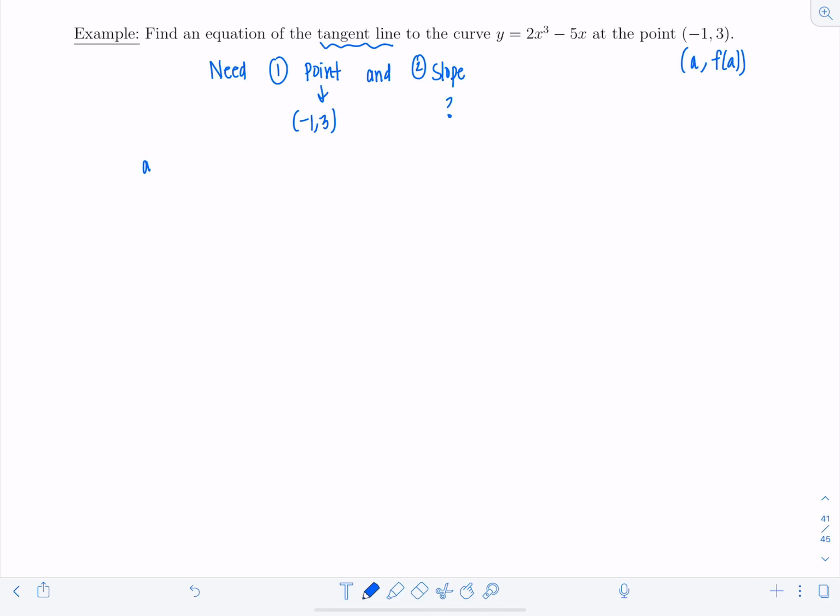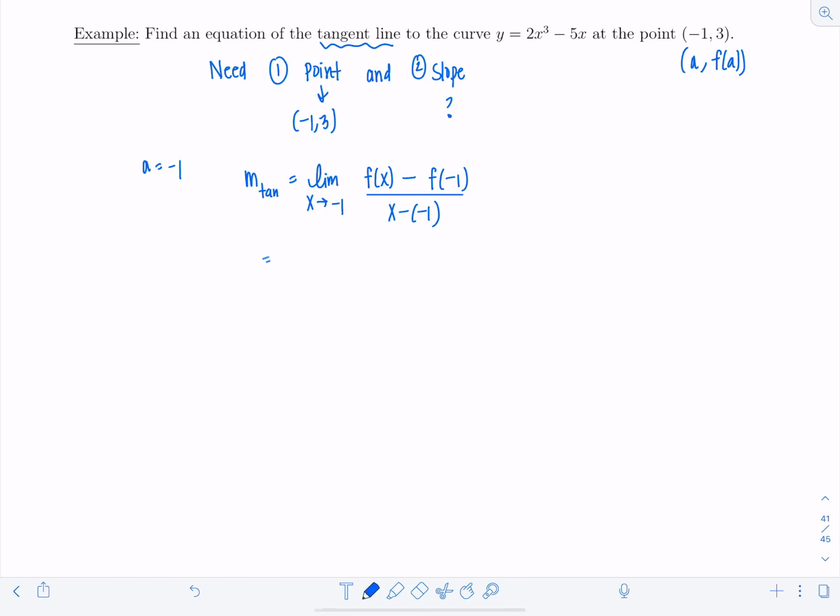So remember, a is equal to negative 1. And the slope of the tangent line is equal to the limit as x approaches a of f of x minus f of a, in this case f of negative 1, divided by x minus negative 1. This is one version you can use.